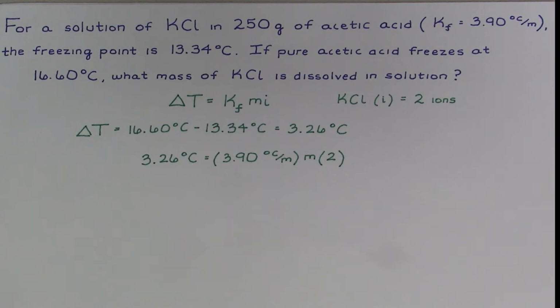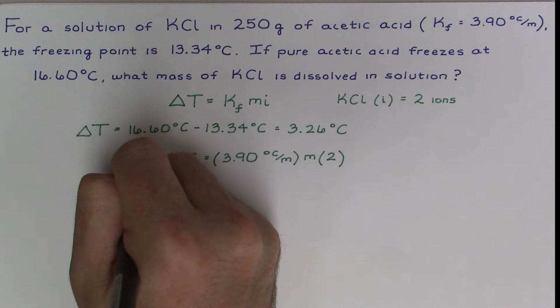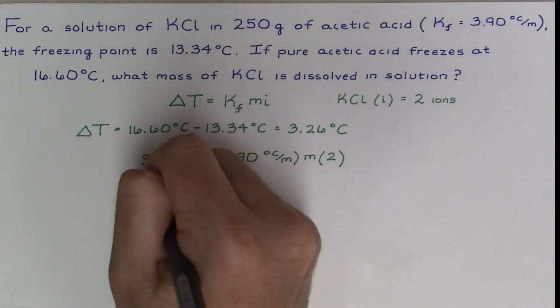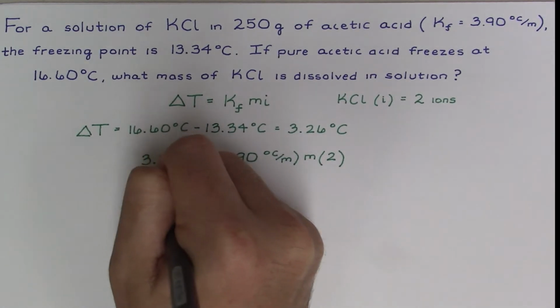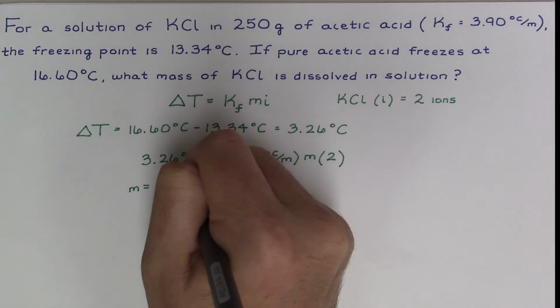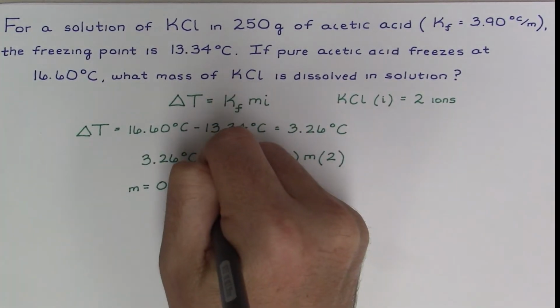If we put all of this information into the calculator and solve for molality, you will get a value of 0.418 moles of our potassium chloride per kilogram of solvent.